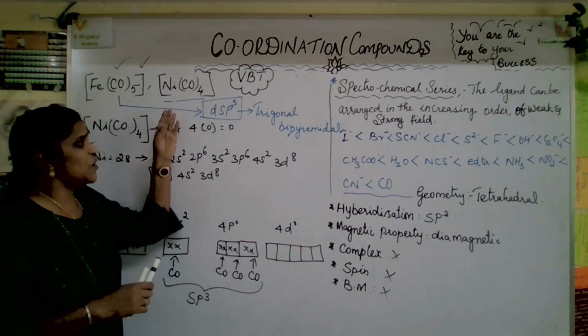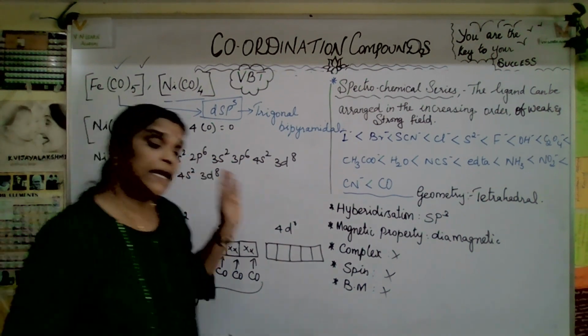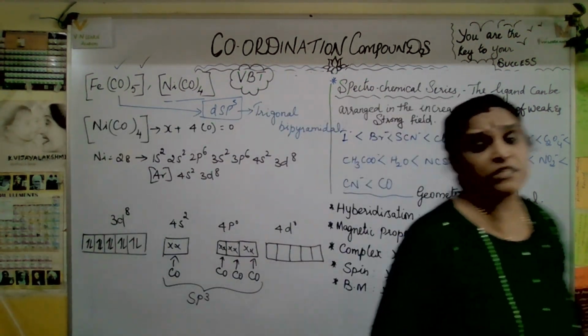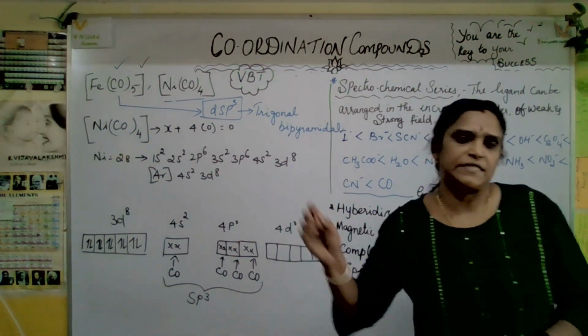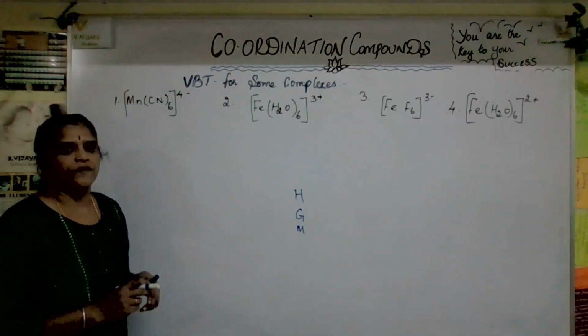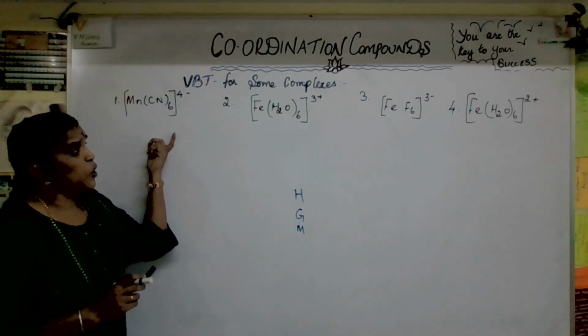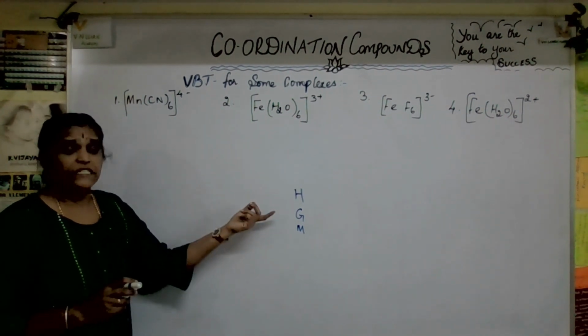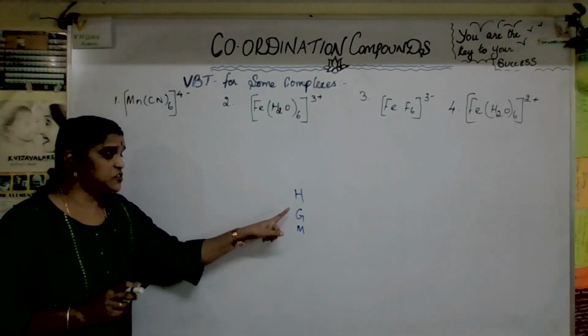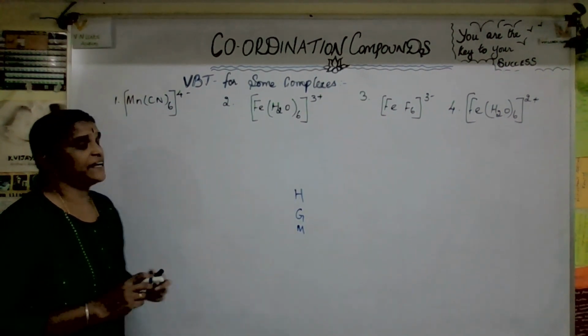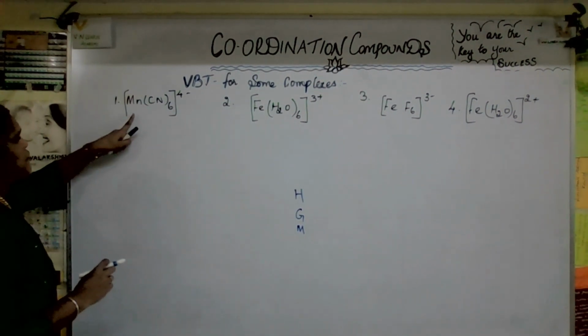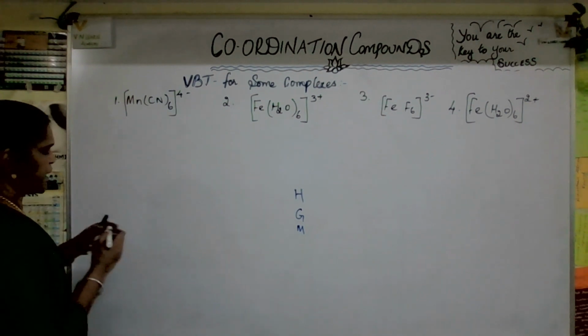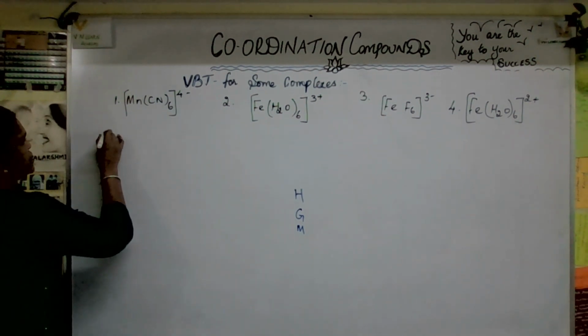Now let us find out some more important examples which are relevant for the board exam. Some more important complex compounds. Let us identify hybridization, geometry and magnetic property. First and foremost, [Mn(CN)6]4-. Let us find out the oxidation number.